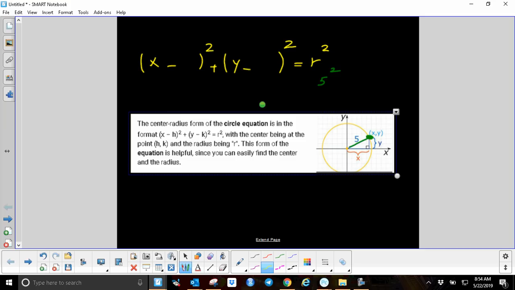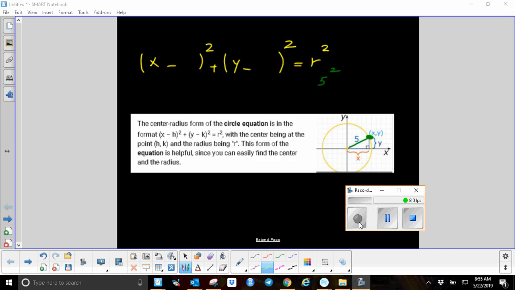Now the question is, what do I put after X minus and what do I put after Y minus? Find that out for me. This is a review. You've been taught this. You have to remember. If not, look at your notes, because on the final, I'm not going to let you use your notes. Pause. Question is, what do I put after minus here and after minus here?